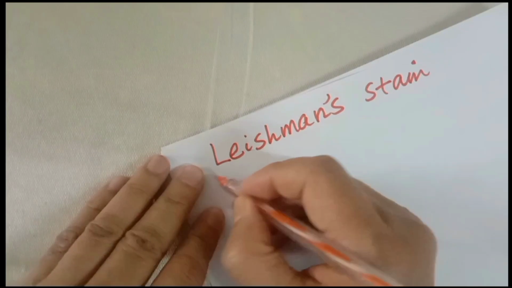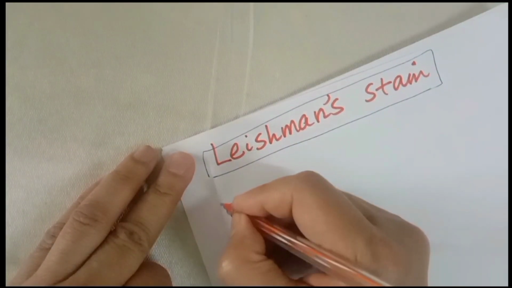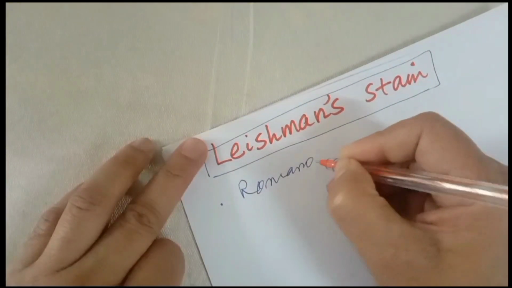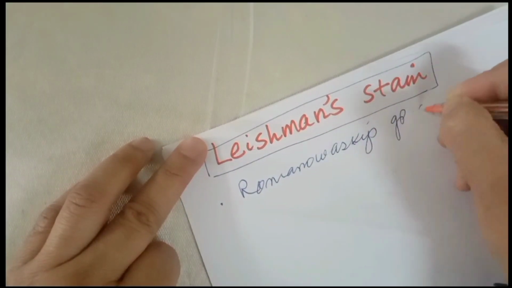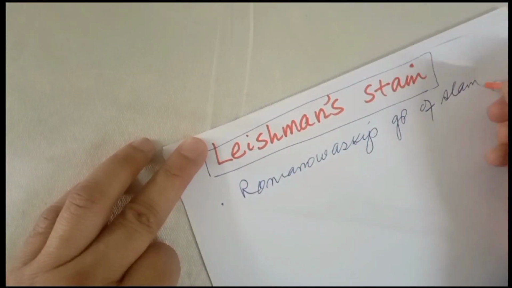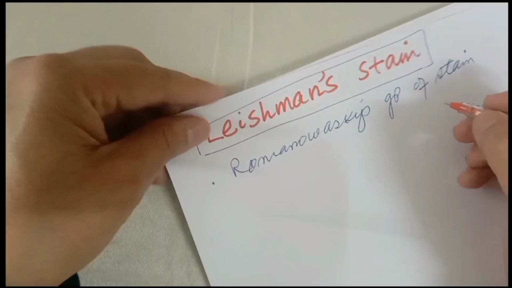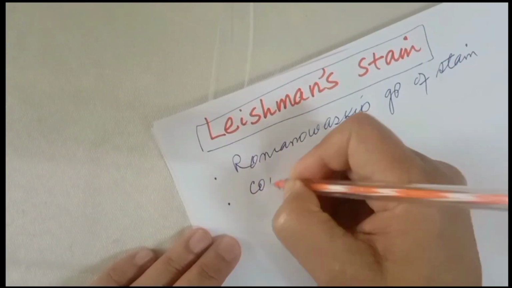The Leishman stain actually belongs to Romanovsky's group of stains, which also includes Giemsa stain, Wright's stain, etc. And this Leishman stain is a compound dye.